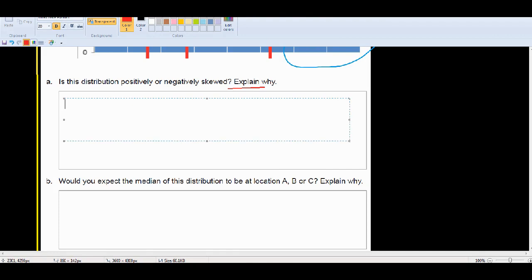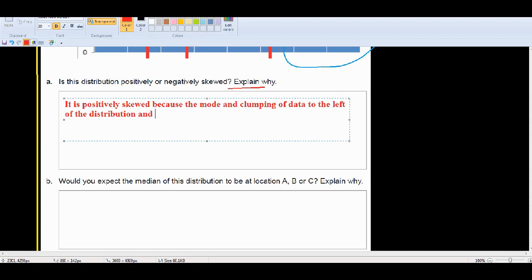So what kind of explanation do you need to put in? We say it is positively skewed because the mode and clump of data are to the left of the distribution.